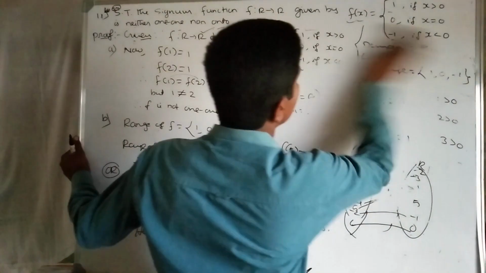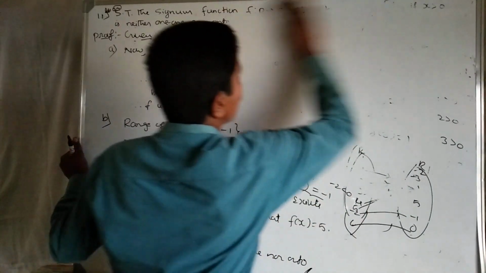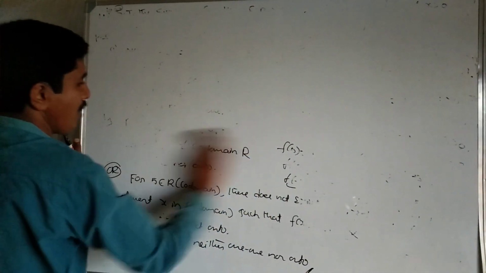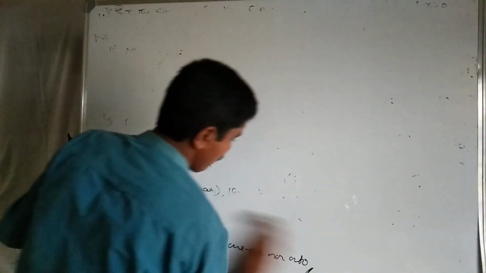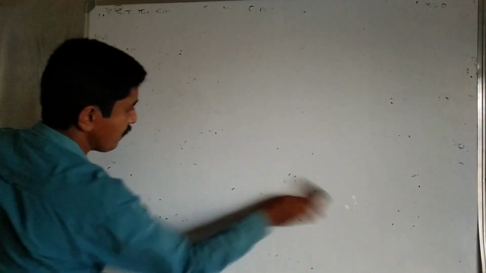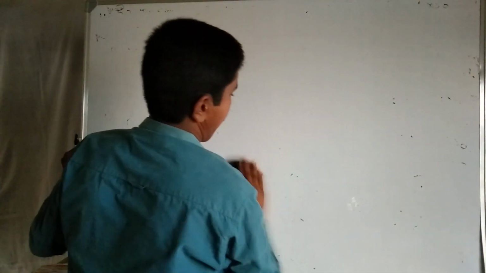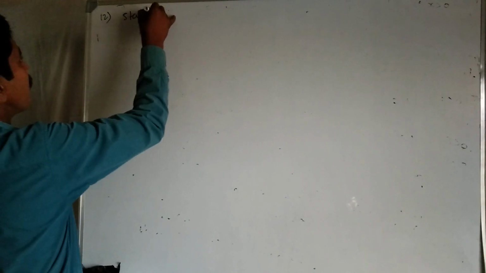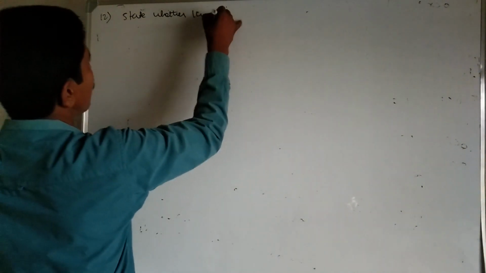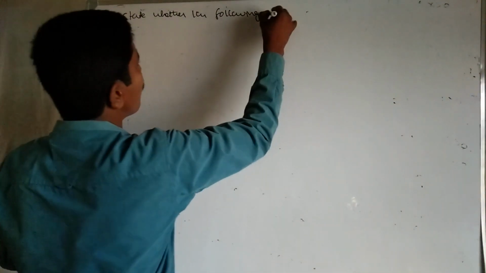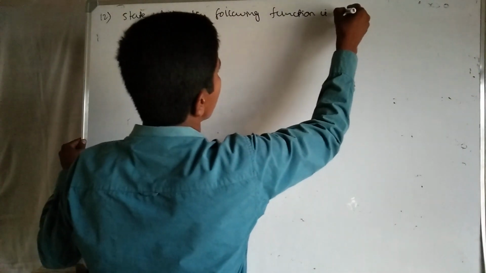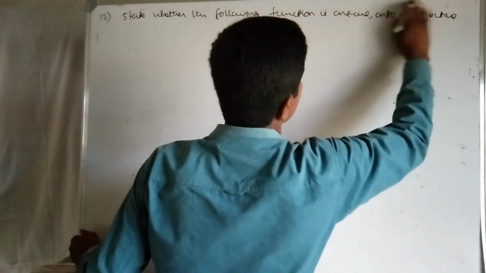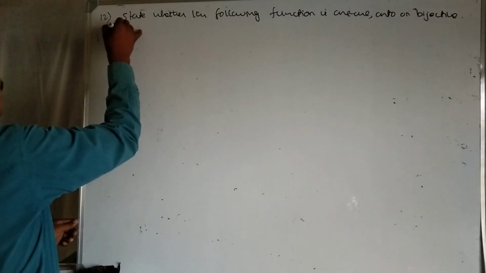The next problem. Twelfth problem. State whether the function is 1-1, onto or bijective, justify your answer.